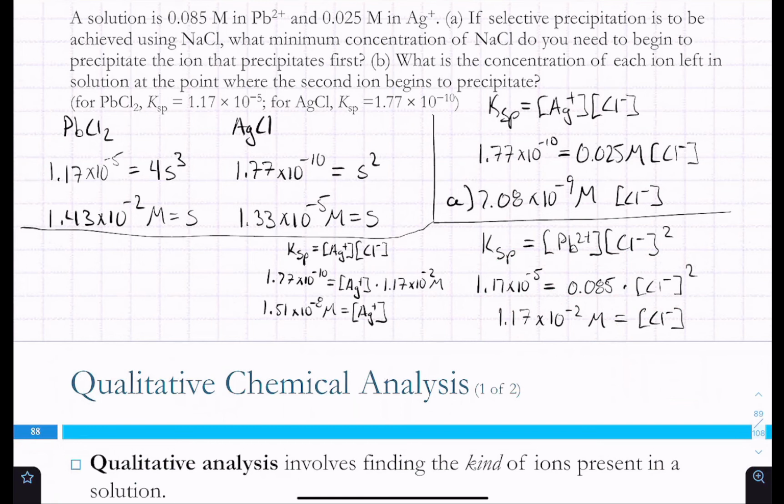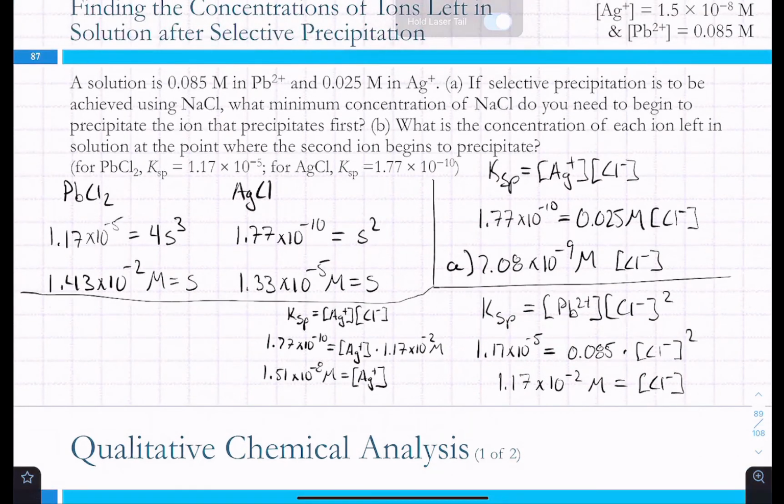And because we're right at that point and we haven't added any chloride to go past it, all of the lead is still in solution because none of it has precipitated, which is why the answer up in the corner is the same as what we started with. So the answer for B.